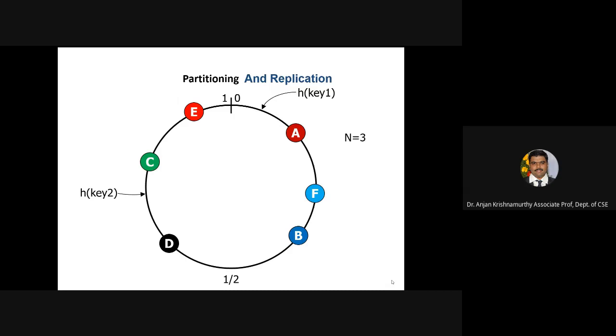So when the number of nodes were 3, the data gets replicated not just in A, but it also gets replicated to F and B. So the complete cluster now becomes CEAF. And then you have got EAFB.